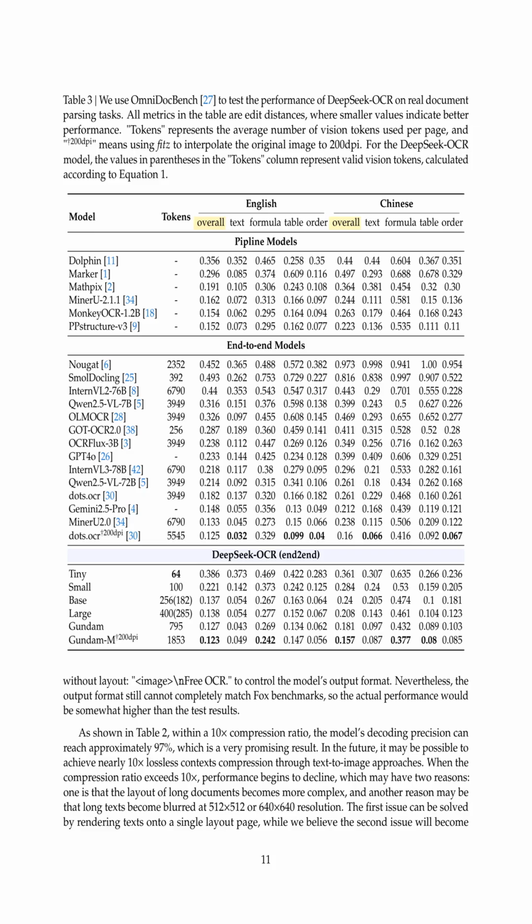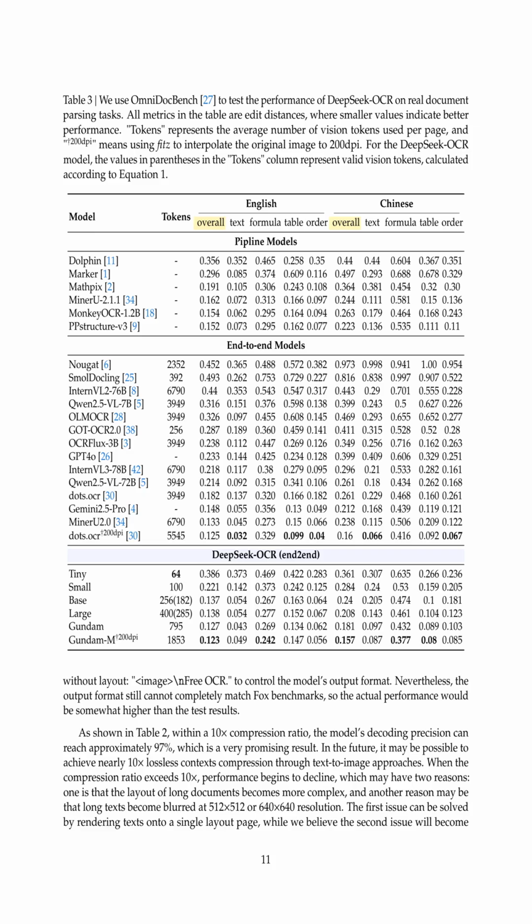SmolDocling, 392 tokens, 0.493, 0.262, 0.753. InternVL2-76B, 6790 tokens, 0.44, 0.353, 0.543.